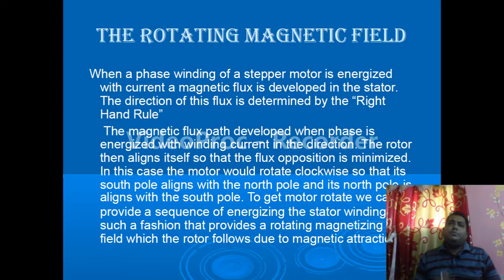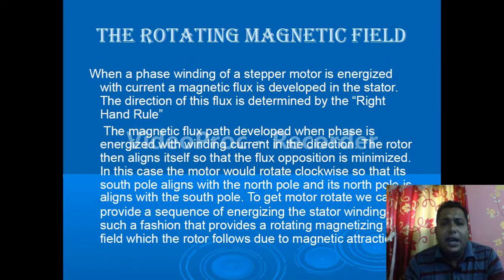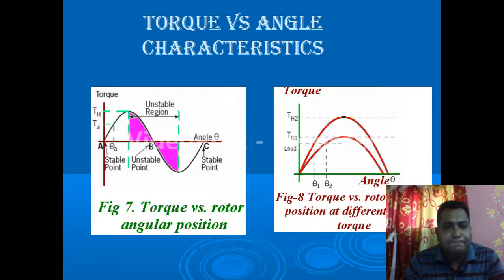There are different kinds of pulses we can give to the machine, and due to that there may be different kinds of step increments in a stepper motor. But whatever the number of steps, the steps are achieved by the magnetic attraction between them.